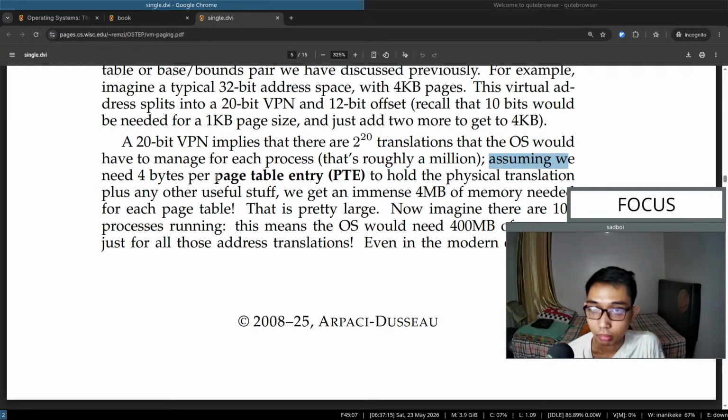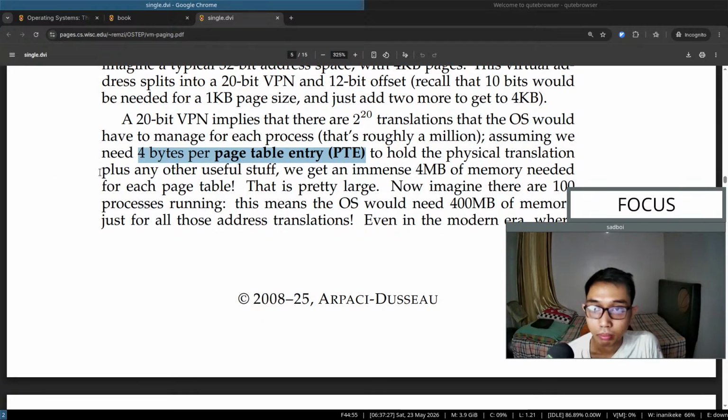Assuming we need 4 bytes per page table entry to hold the physical translation plus any other stuff, we get an immense 4 megabytes of memory needed for each page table. That is pretty large.